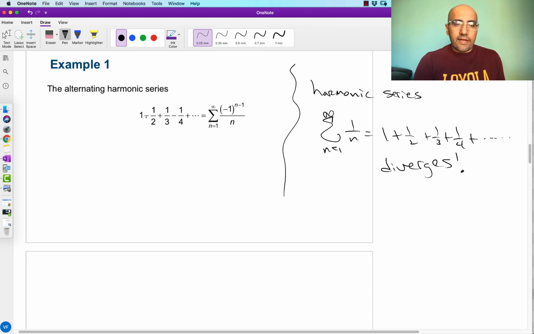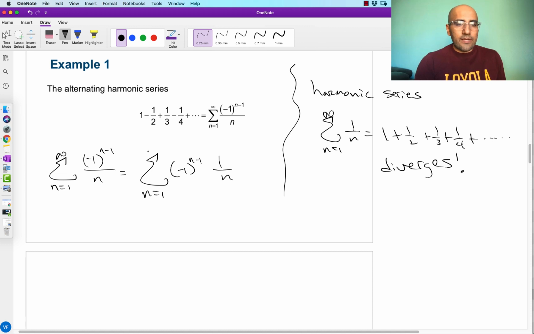Okay, so it's going to have alternating values. So we can separate this alternating series this way: the sum from 1 to infinity of -1 to the n minus 1 power over n is the same thing as having -1 to the n minus 1 times 1 over n, right? And so we've separated it this way.